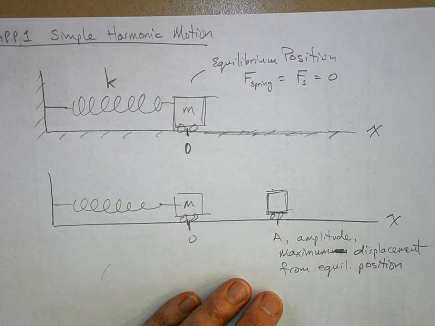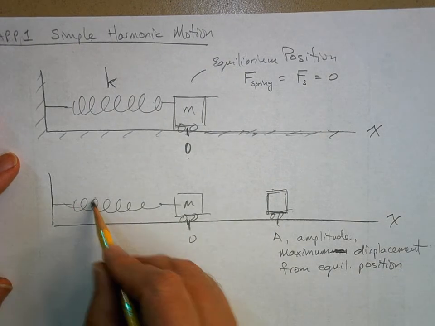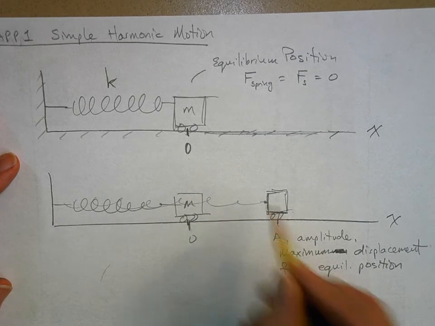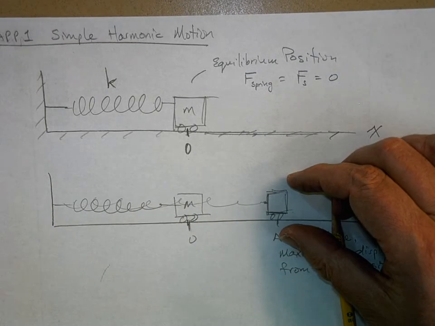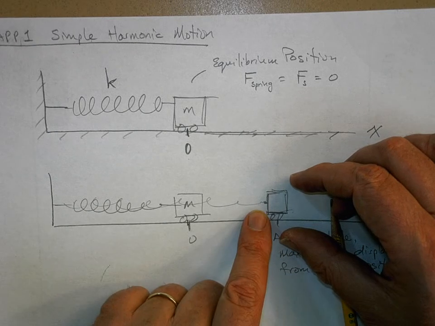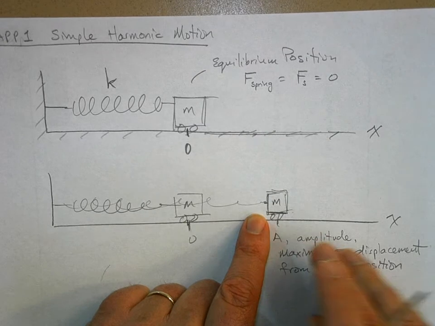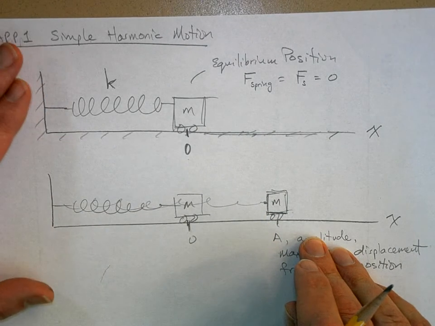Okay, sorry, I'll screen a little bit. So the spring is now stretched all the way out to here, and I'm holding it. Now, what's true about the force that the spring is exerting on our mass? Well, we have to remember the equation for the force of a spring.